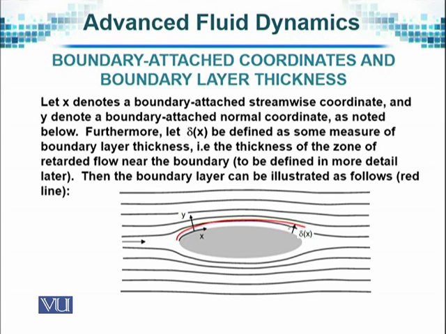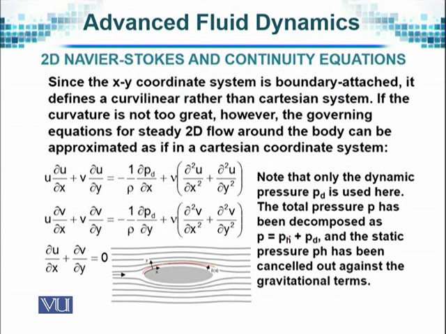So this region delta x is a small region where the effects of viscosity are felt, and this reflects the thickness of the boundary layer, and away from it the viscous effects are rather less.